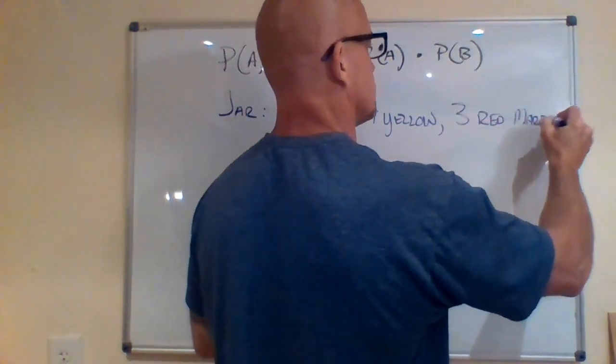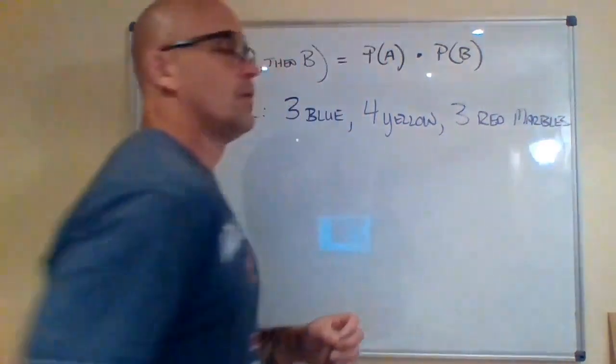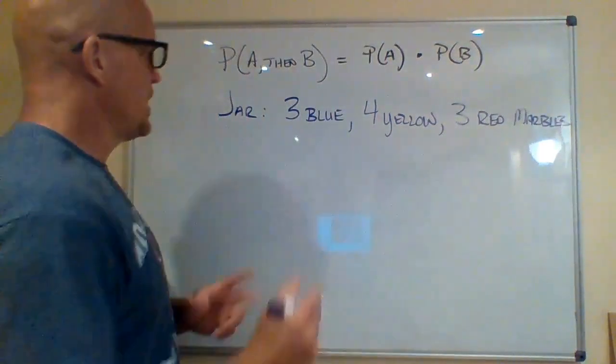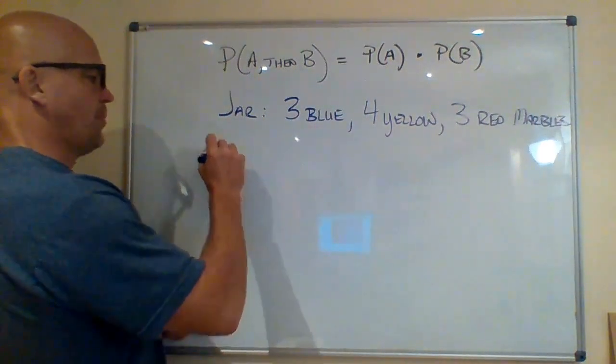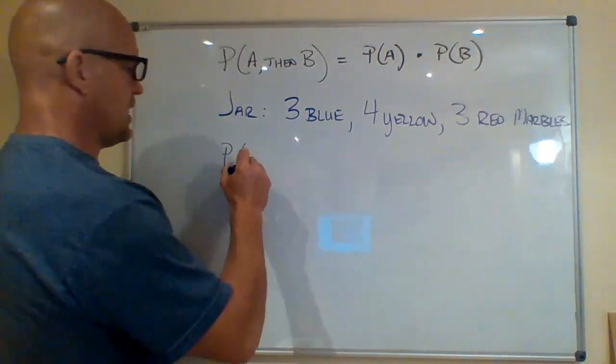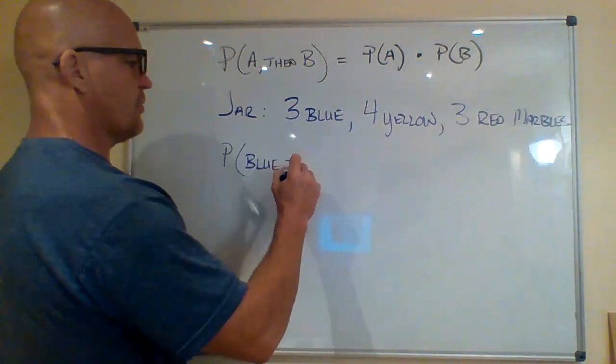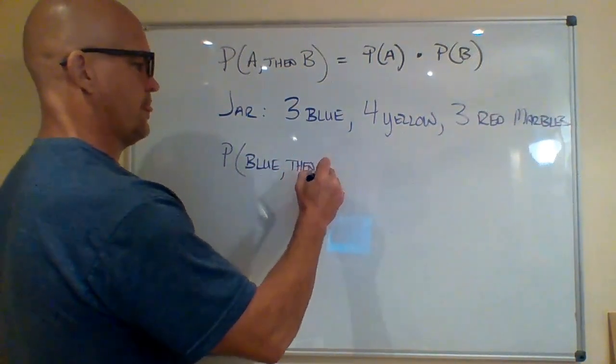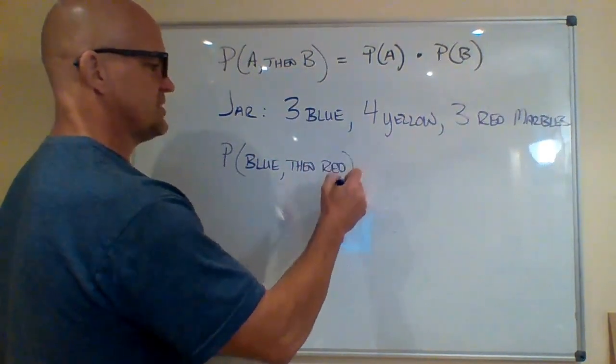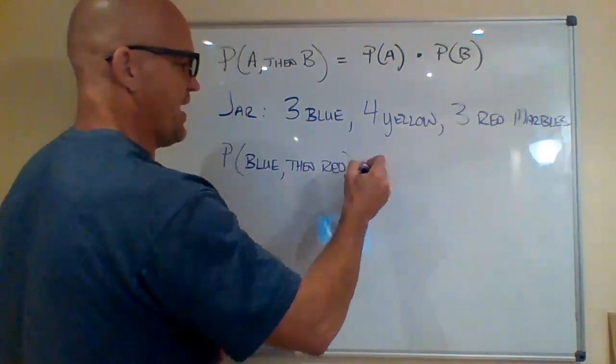Now, where does replacement come in? Let's say I want to find the probability of getting a blue marble and then a red marble. So now we have multiple steps. We have 2 steps, in fact.